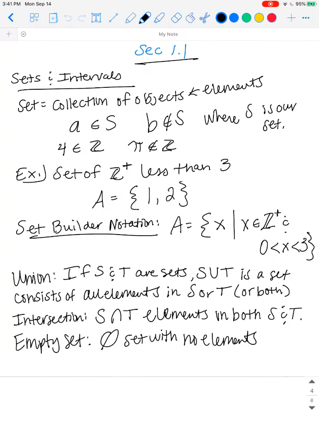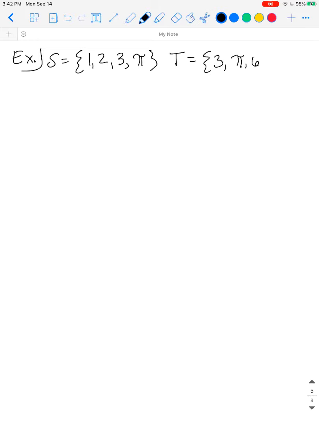Alright, so we'll go ahead and do some examples. So suppose S is 1, 2, 3, and pi. T equals 3, pi, and 6.